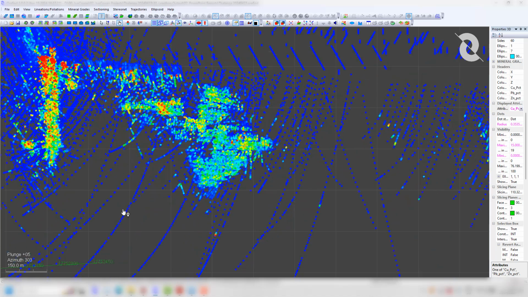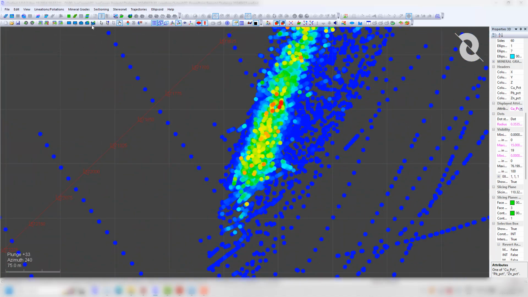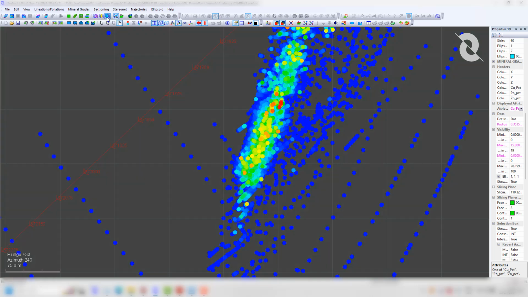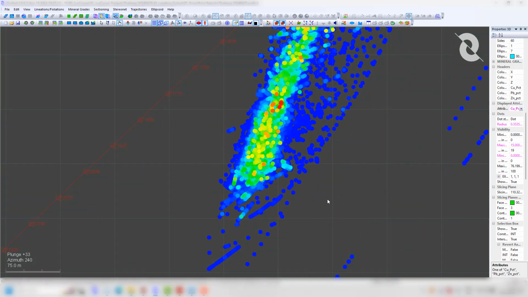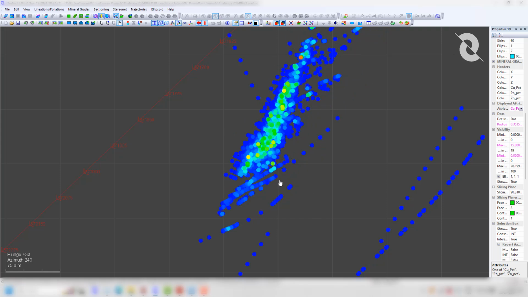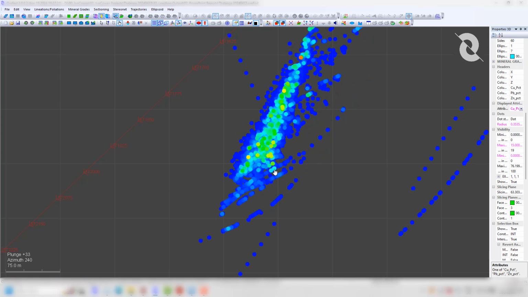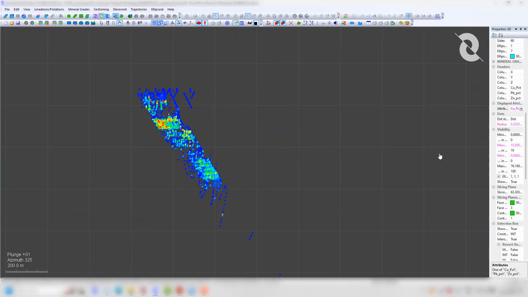So if I go over here, can I see some clues? Possibly here. That could be a possible isoclinal fold nose right here.